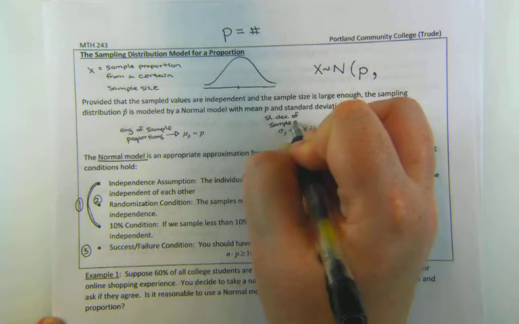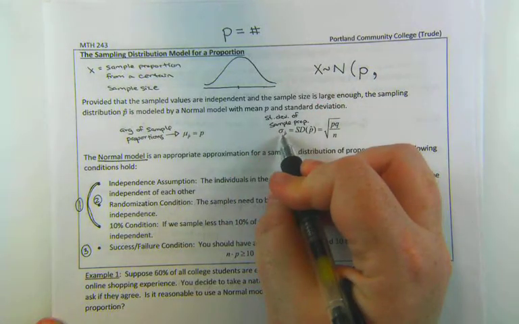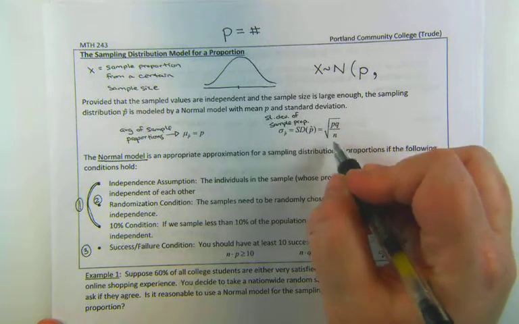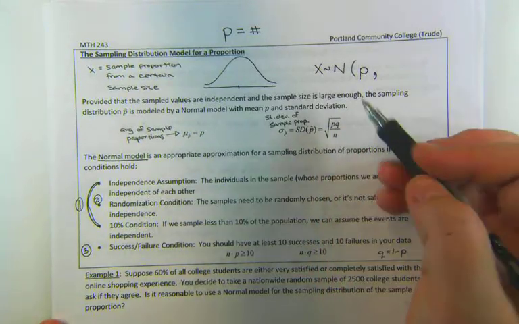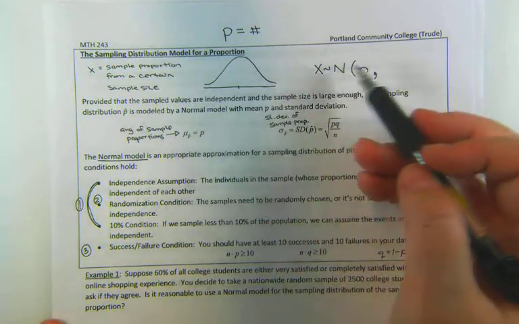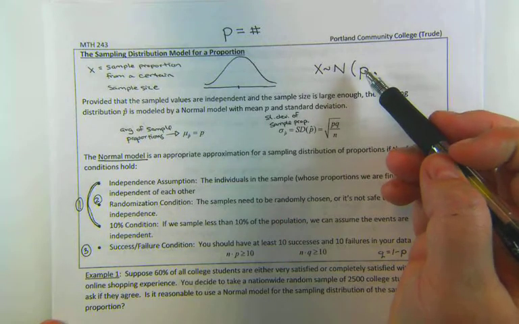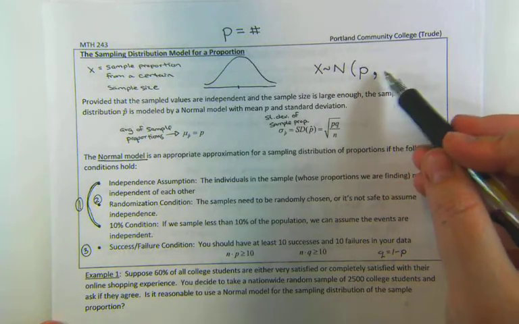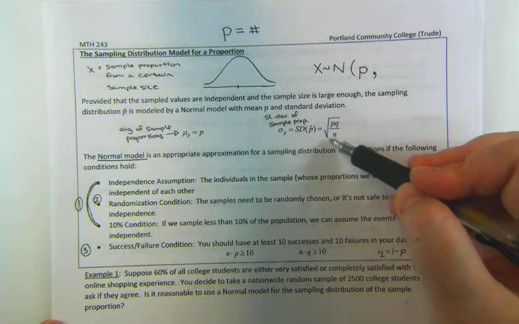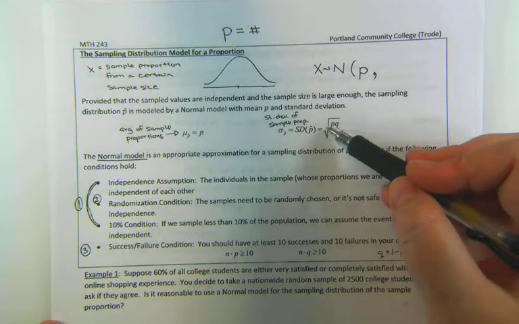With the standard deviation, where this is the standard deviation of sample proportions, what we need to do is a little calculation. And again, this is back to the sampling distribution of means. There's not really any calculation for the mean, you're just copying down the population value.